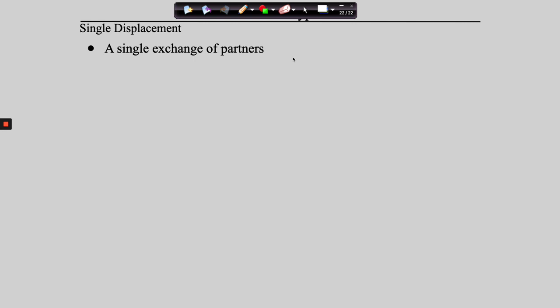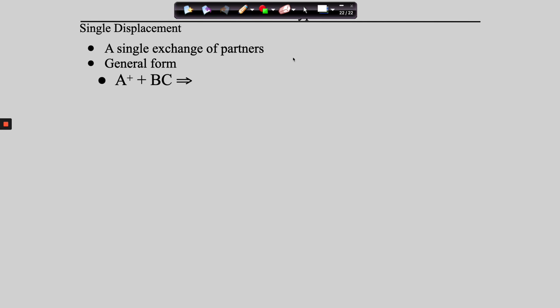Guys, grab your periodic tables and now let's talk. The general form of this is A plus BC. Now guys, this is a general form, so let's talk about what it means. A is an element. BC is a compound.